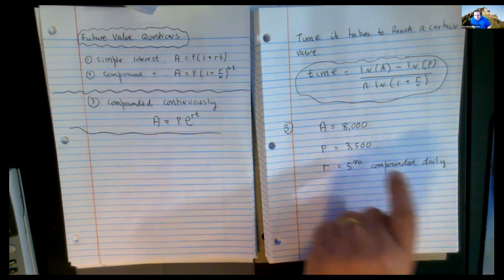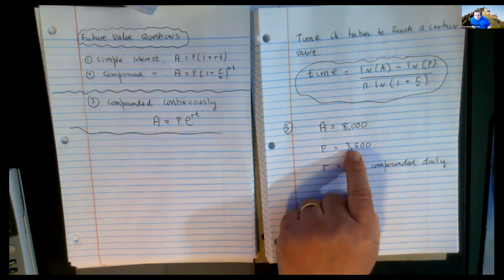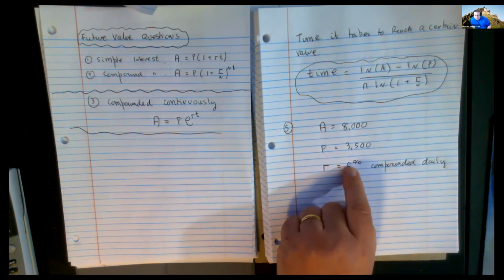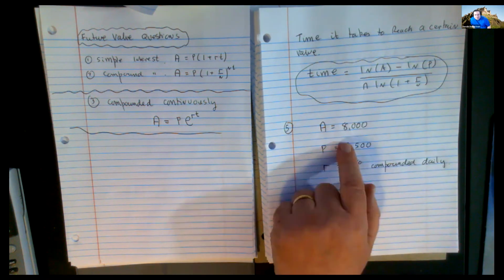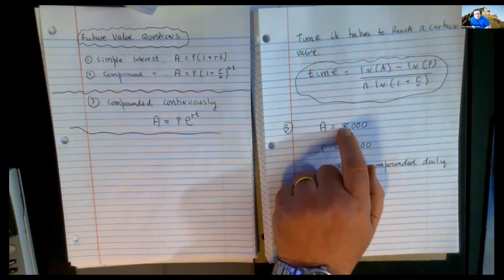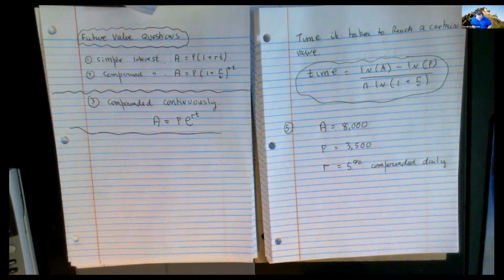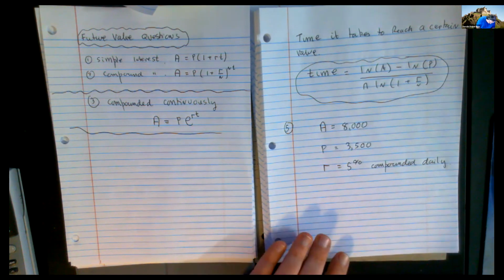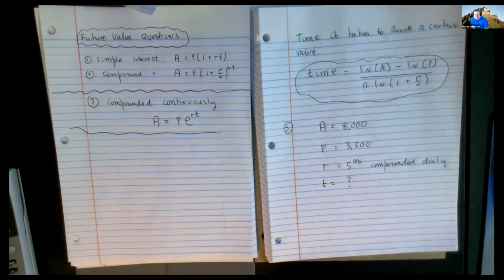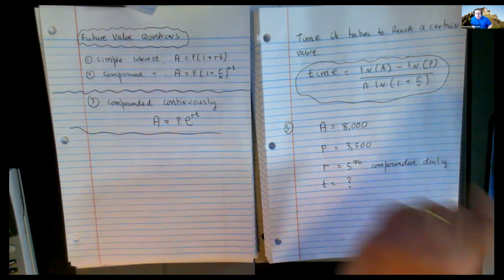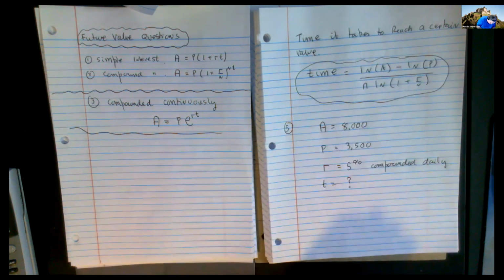So you're putting 3,500 in the bank. The bank's going to give you 5% compounded daily, and you're going to take it out when it finally gets to being worth 8,000. The question is, how long will I have to keep that money in the bank to achieve this goal?